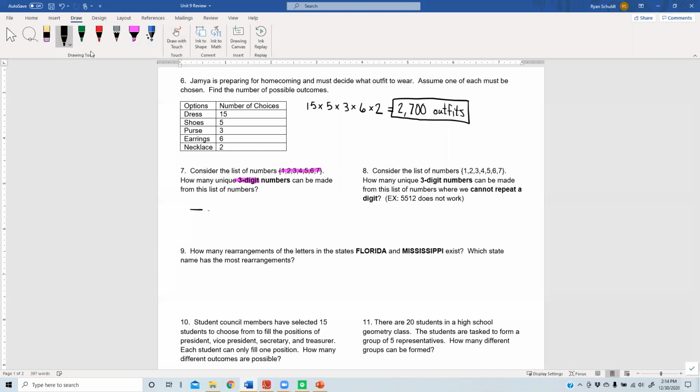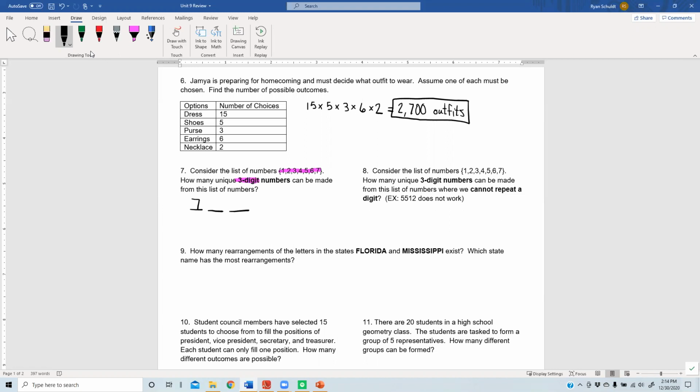So 1, 2, 3. Now, it doesn't give us any conditions, so we can assume that all of them can be repeated. So how many options do I have to choose from for my first one? 7 options. 1, 2, 3, 4, 5, 6, or 7.